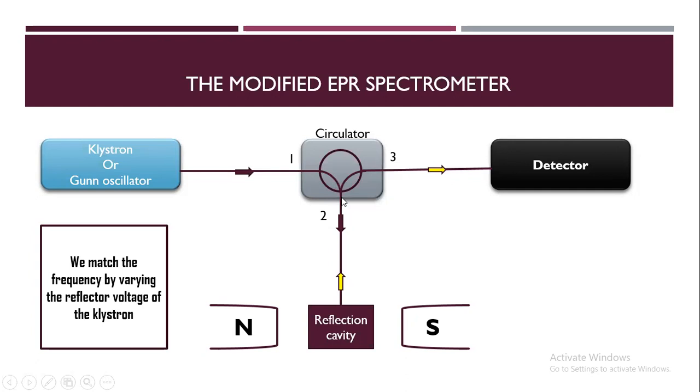Only one channel is open, in which the loss is very less. If we go reverse through the same channel, the loss is very high. Simply it will not take that path. In this way, the signal will only go to the detector, and we are not losing any signal through this circuit. So this is a device which we include in our modified new EPR spectrometer.